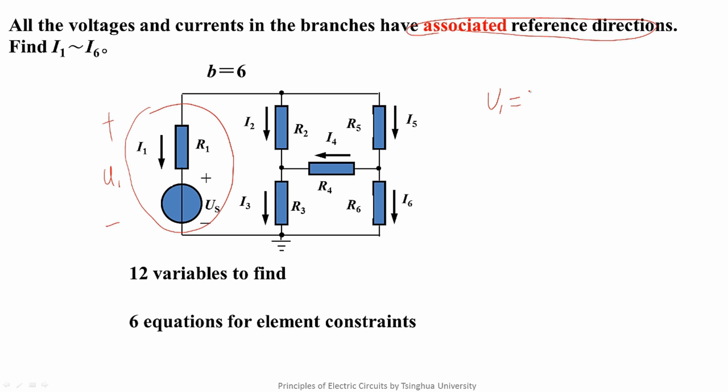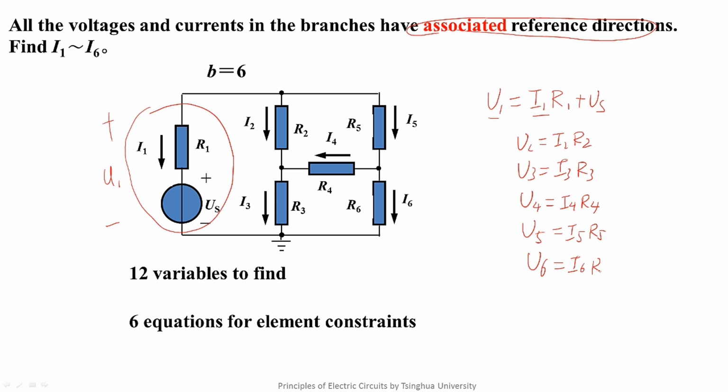It is easy to know that U1 equals I1 times R1 plus US, where U1 and I1 are unknown. Analogously, we write element constraint equations for branches 2, 3, 4, 5, and 6. They are all Ohm's law equations under associated reference directions, where U2, I2, U3, I3, U4, I4, U5, I5, U6, I6 are unknown.